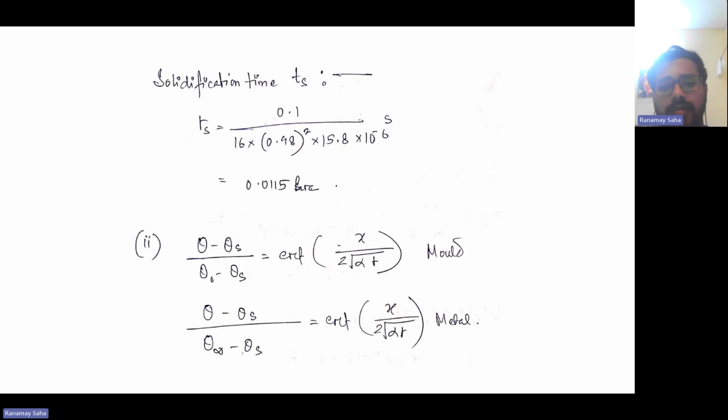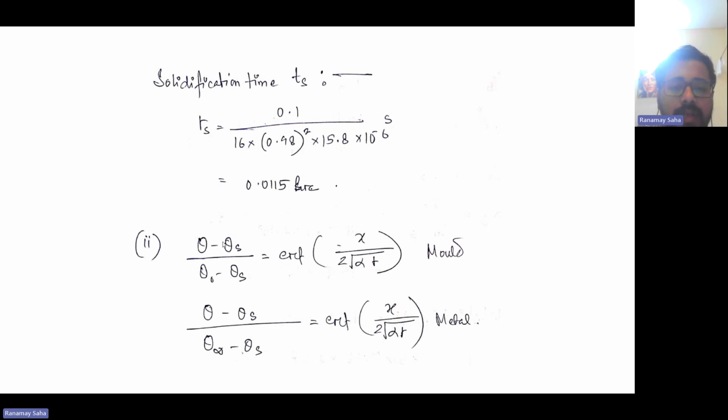And then there is part two, where the mold resistance needs to be considered. So here the error function equation will take two different forms, one for the mold and one for the metal, and these are all the temperatures which you are accustomed to. This is the initial temperature, and this is the surface temperature.